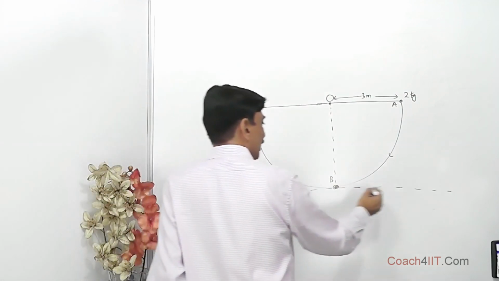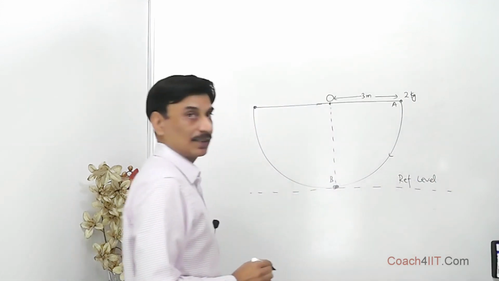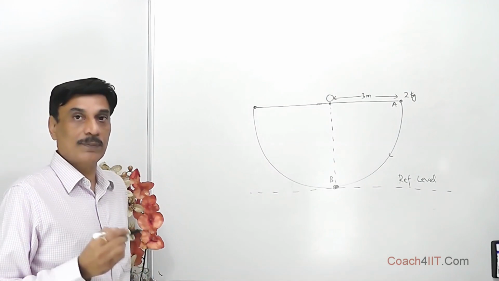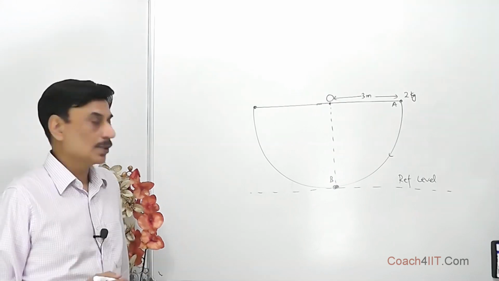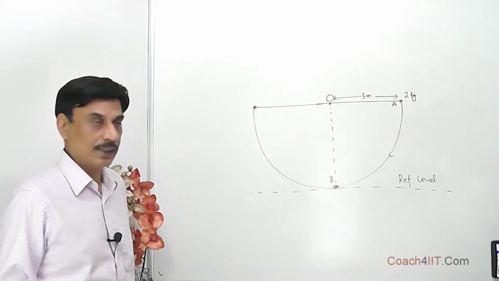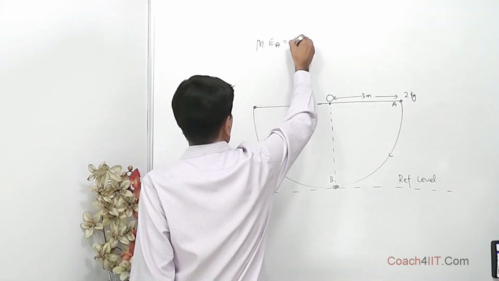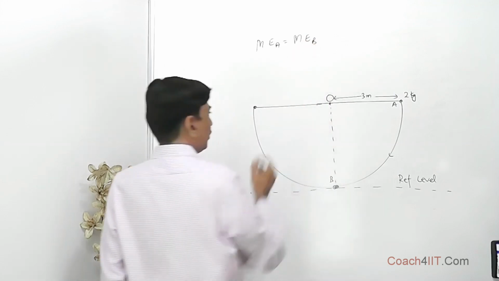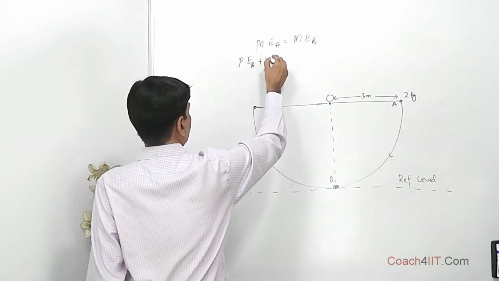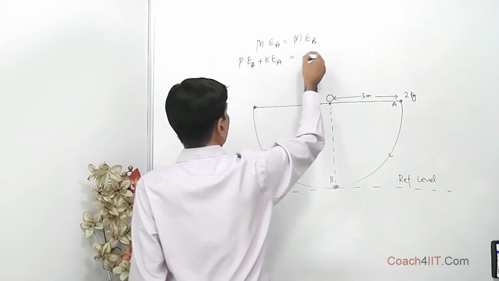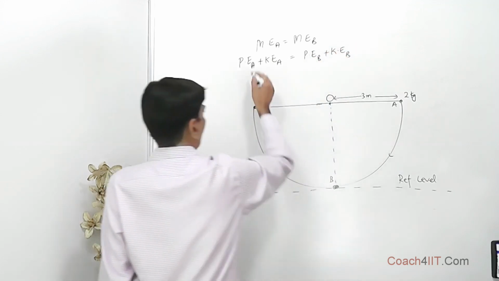So what we do is we take this bottommost level as our reference level. So we have taken it as reference level. Because there is no dissipation of energy, energy is not wasted against air resistance, etc., we can use the conservation of mechanical energy principle. It says that mechanical energy at A is equal to mechanical energy at point B. It means potential energy at A plus kinetic energy at A is equal to potential energy at B plus kinetic energy at B. What is potential energy at A?